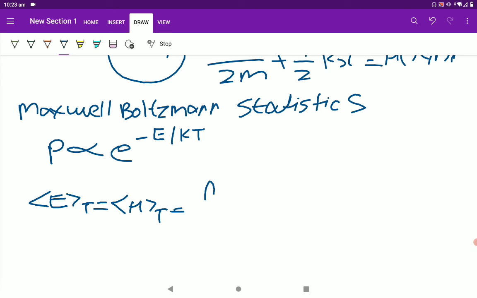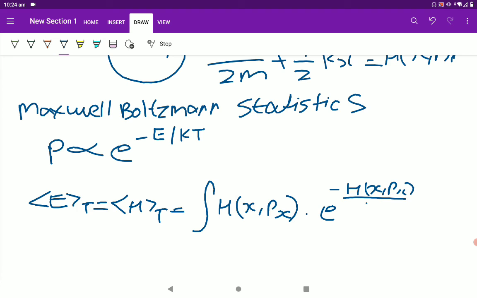This is the integration over phase space of the Hamilton function, which is a function of position and momentum, multiplied by the probability to have this energy, e power minus E by kT, dx dpx.